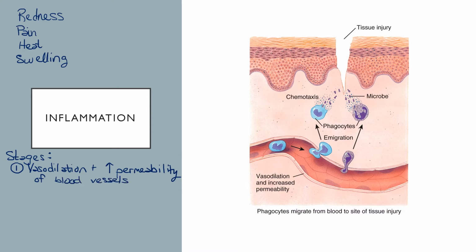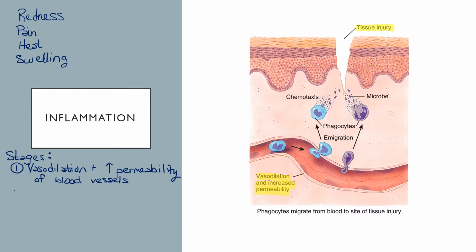We can see this first step here on our picture on the right. Here we have a cut tissue injury in the skin, and here we have our first stage, vasodilation and increased permeability of the blood vessels.